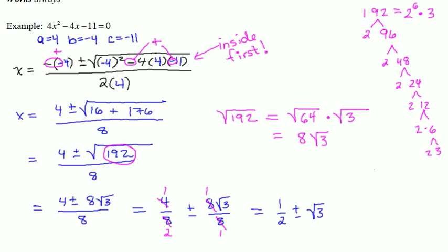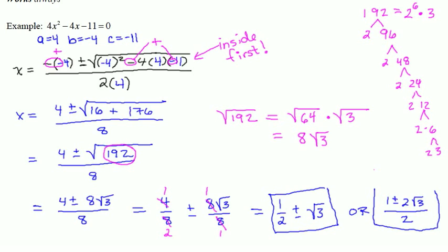It would also be fine to have this in the form 1 plus or minus 2 times the square root of 3 over 2 if you had simplified it by a different method and maybe factored 4 out of the numerator to cancel it instead of breaking it apart into two separate ratios. So both of these forms for the final answer are acceptable.